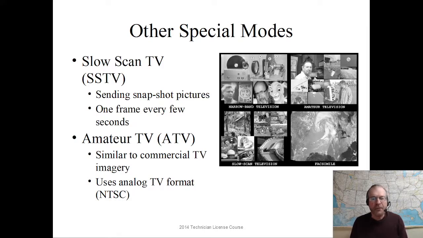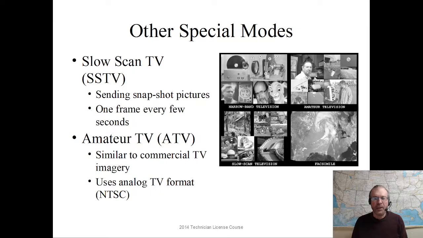You can also have ATV, or amateur TV. This is similar to commercial TV imagery, except it's the older, lower resolution 480, in an analog TV format. This is the NTSC system, the National Television Standards Committee system, that was in use before digital TV came along.